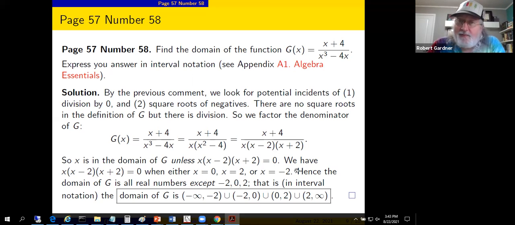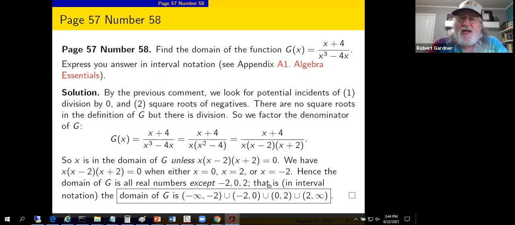All right, we weren't looking for the bad values, strictly speaking, we were looking for the good values, where everything's good except for these three, because the only thing that could go wrong is division by 0, and that happens here. So the domain of g is all real numbers except for, let's list them in order, -2, then 0, then 2, listing them lesser to greater.